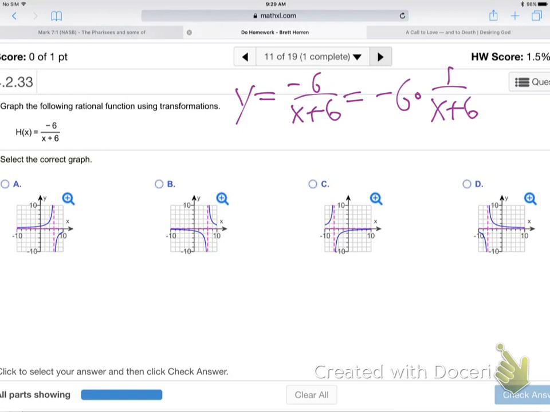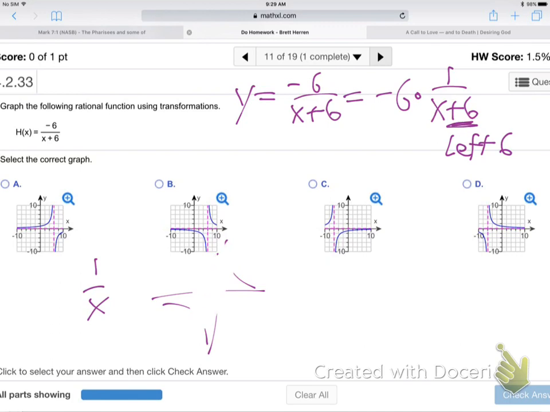All right, so it's basically a 1 over x graph, so you know it's the two branches like that. But there are two things. What's the x plus 6 going to do? Left, so remember x is opposite, so left 6. It's going to grab the crosshairs and move them left 6.